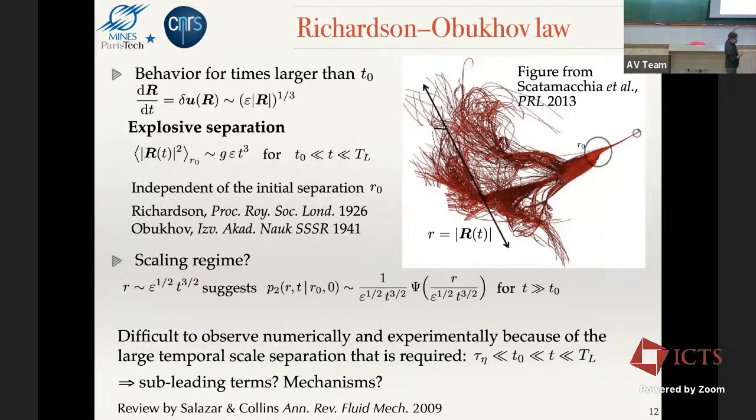This was the first thing, the Taylor diffusion. If you are looking at one particle, you need to wait a time which is longer than the Lagrangian correlation time of the flow. Then it becomes diffusive, even for a single particle. Initially it's still t cubed, and the diffusion is given by the turbulent diffusion.